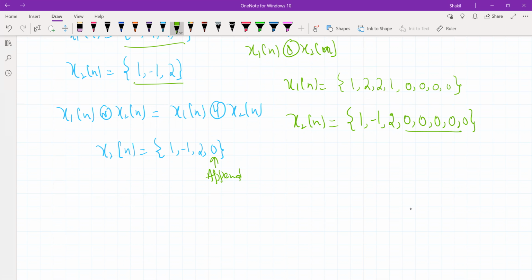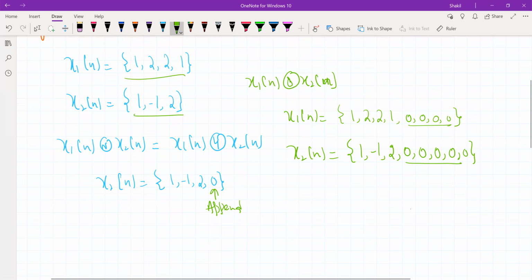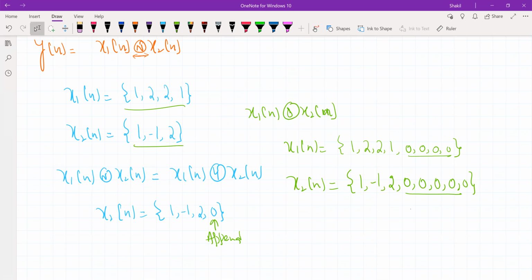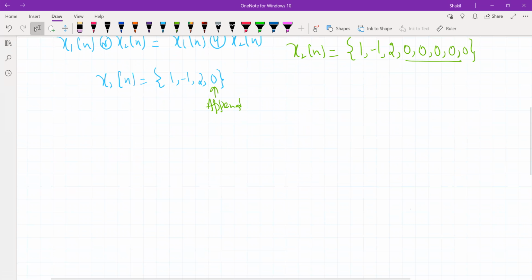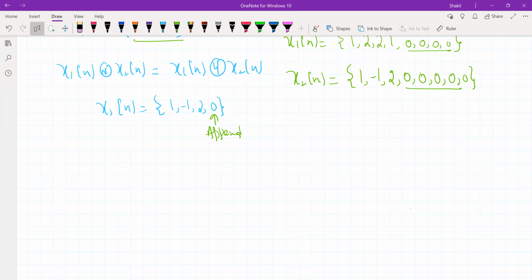So here we have appended 5 zeros, here we have appended 4 zeros. So remember, in circular convolution, the sequences must be of equal duration. All right. And how do we make the sequences of equal duration? We append zeros to the shorter one.